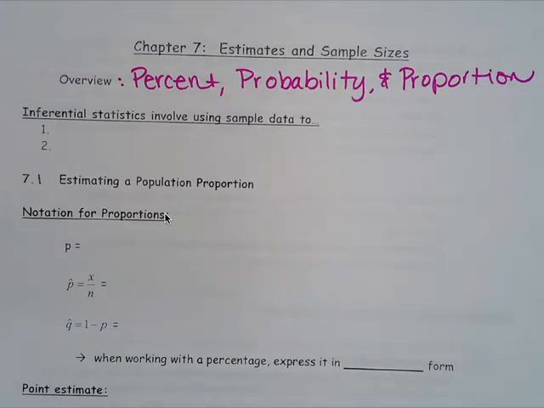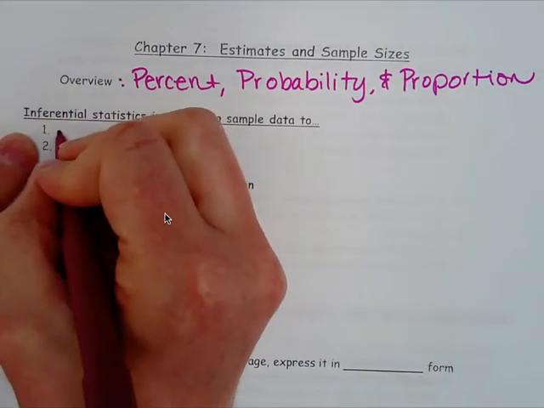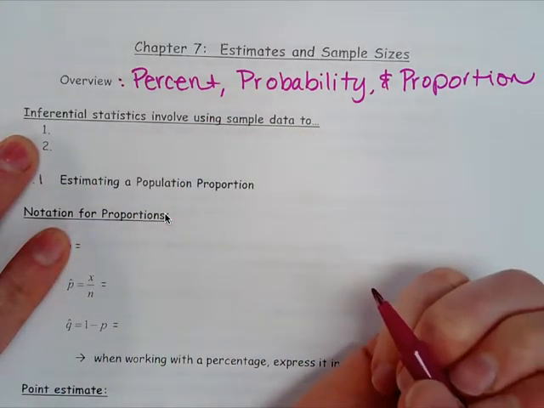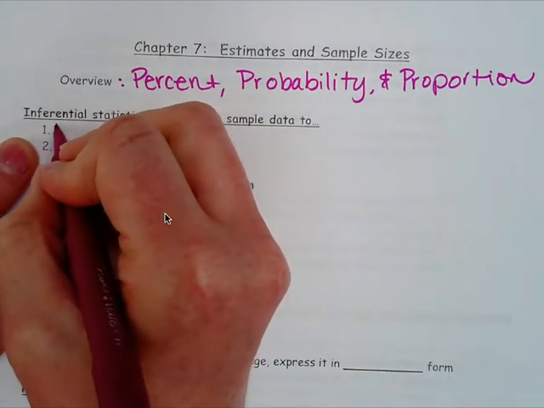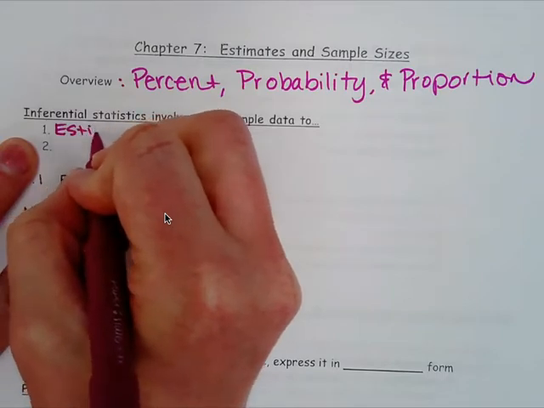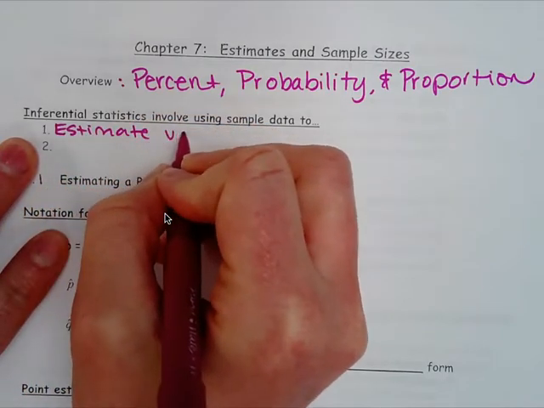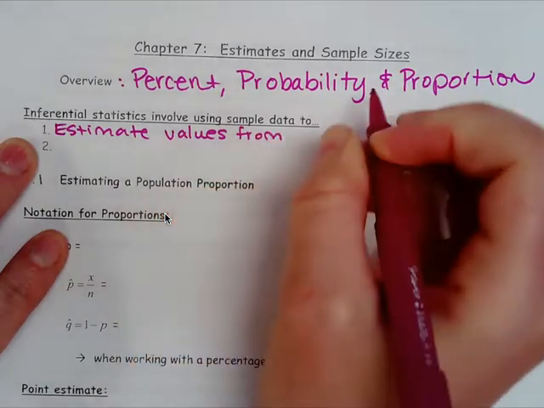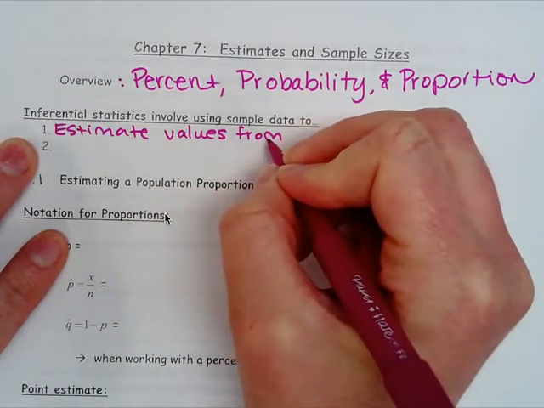We're going to use statistics to do some inferencing. So we have done a lot of just descriptive statistics. Well, now we're in the part where we're doing some inferences. So our first part of using inferential statistics involves using sample data to estimate values for the population, not from, for.